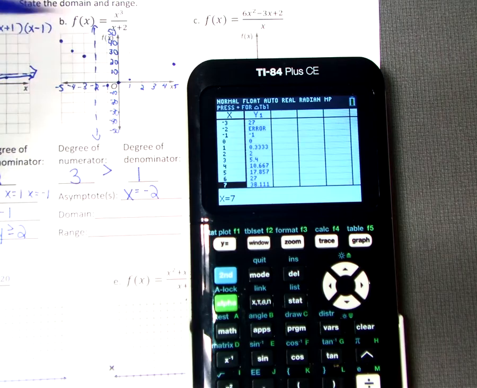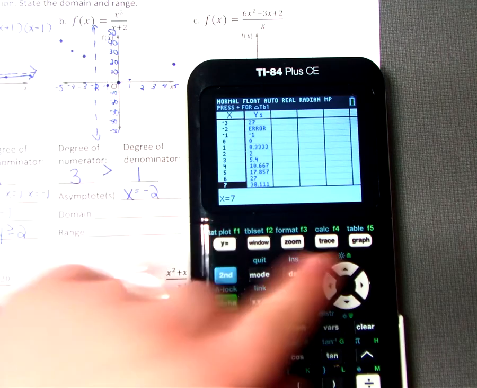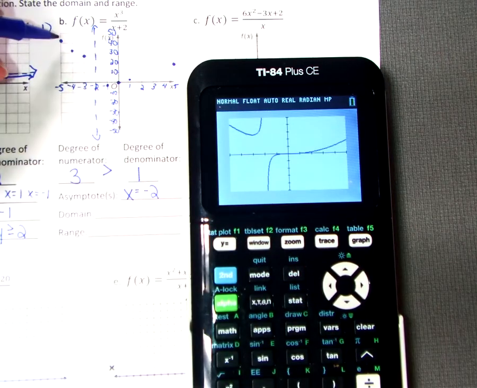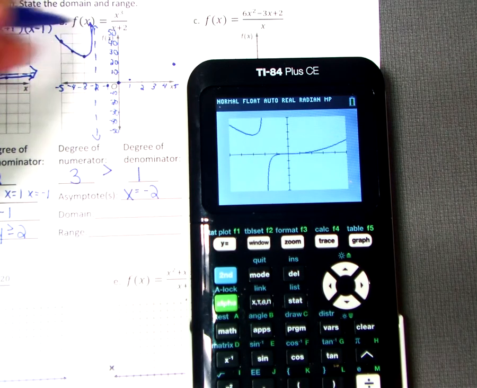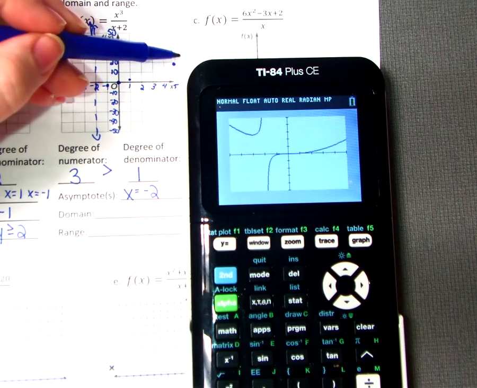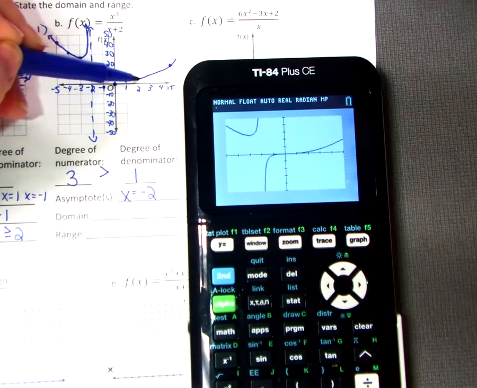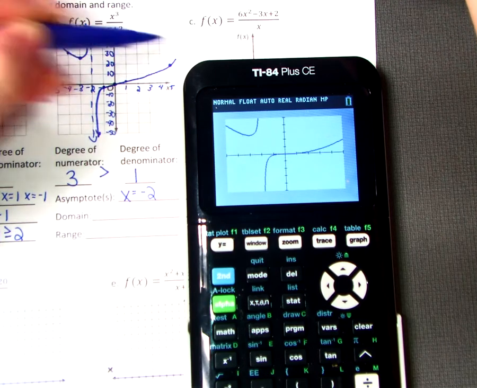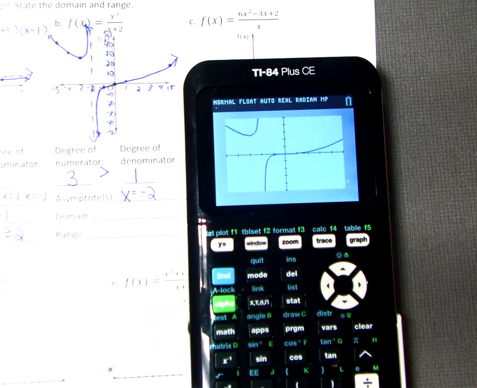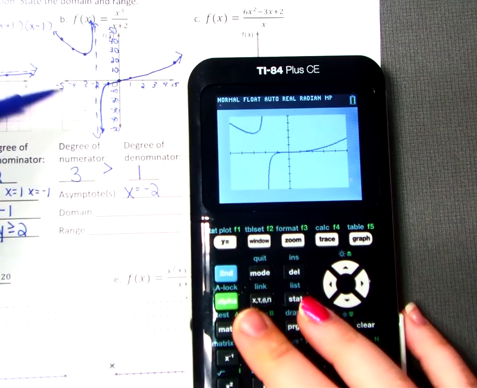So if we look at our graph, we can see that this went along the asymptote, and over here it came down and along the asymptote. So my domain is still all real numbers except negative 2.